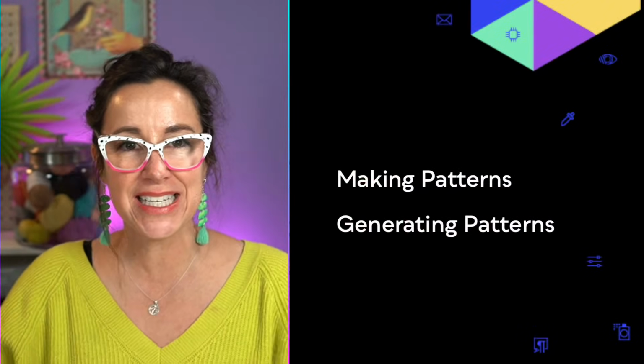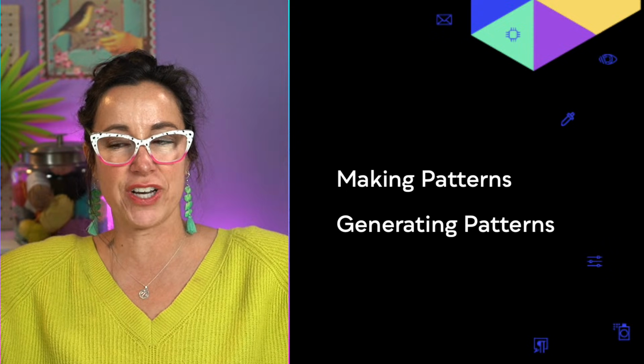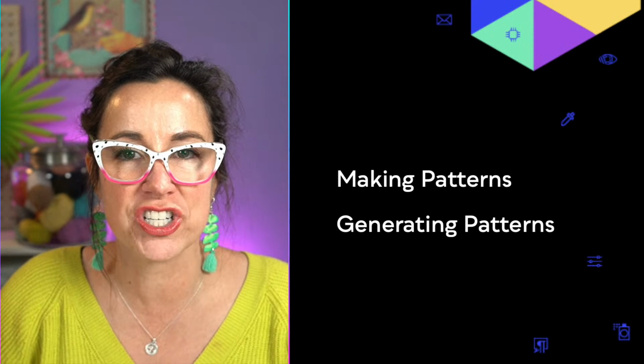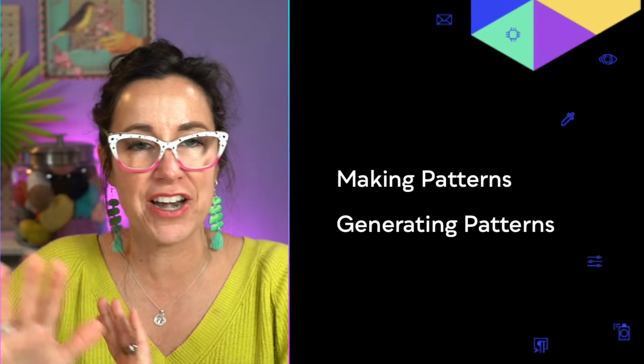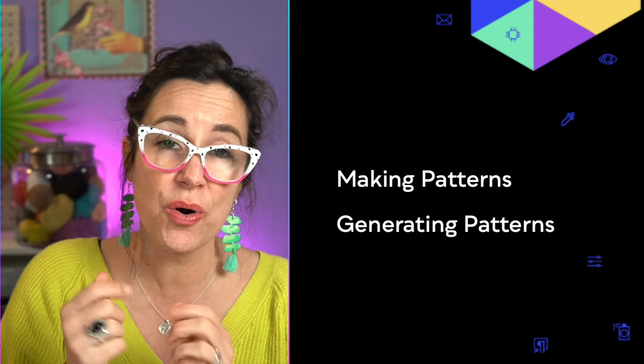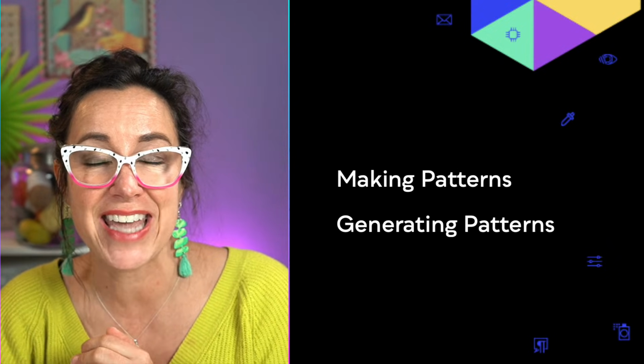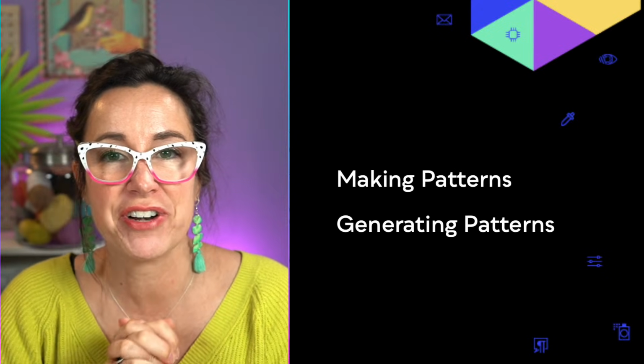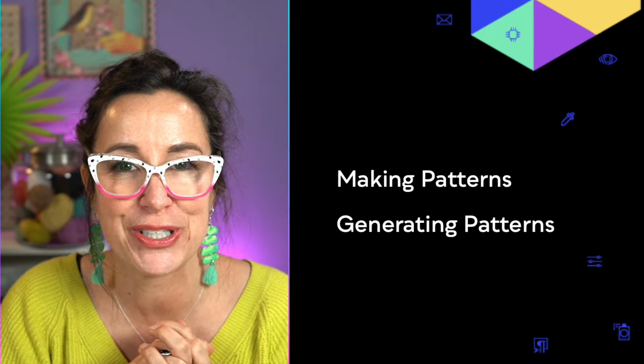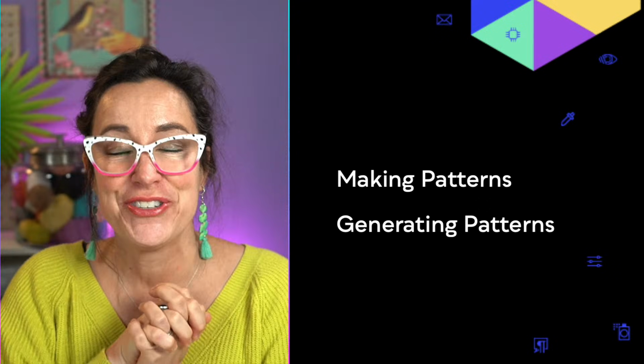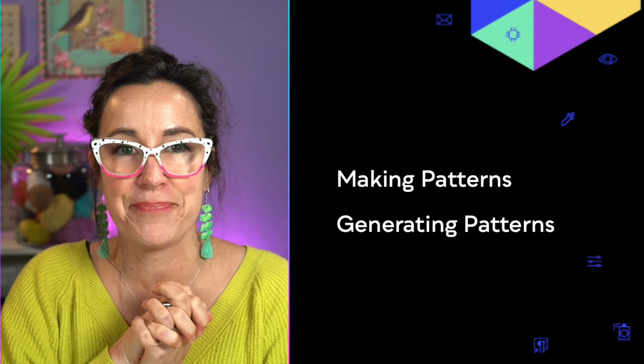We are going to have some fun today. We're going to be talking about building patterns in Illustrator. We're keeping it simple. We're just going to be making some patterns, and we're going to also tap into the AI feature to generate patterns with a simple text prompt. So that'll be fun.